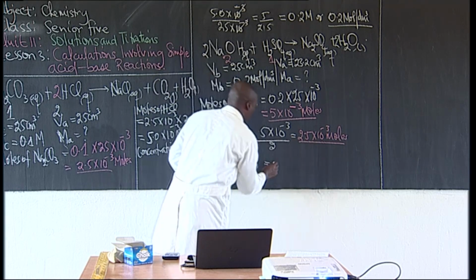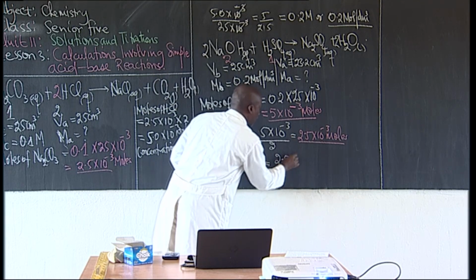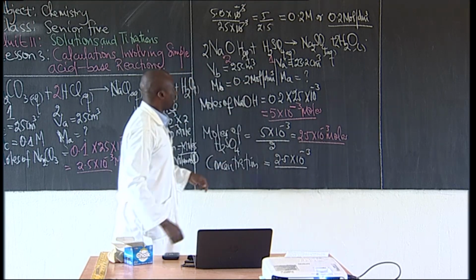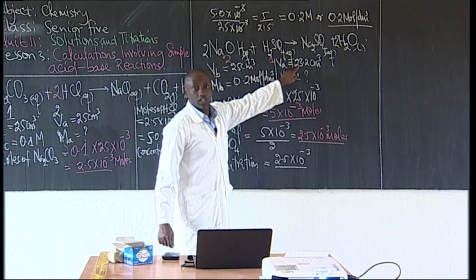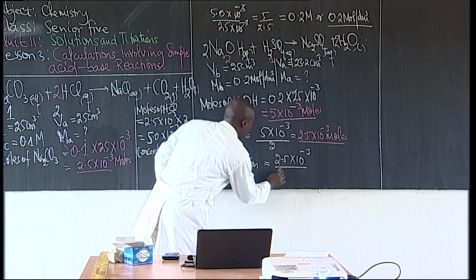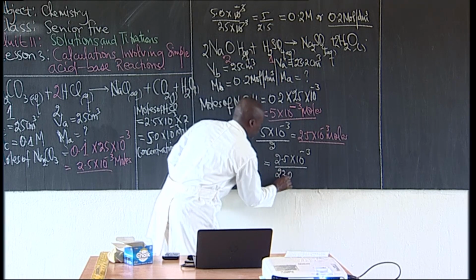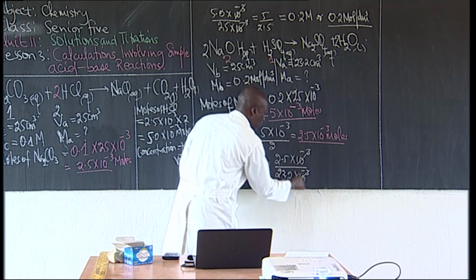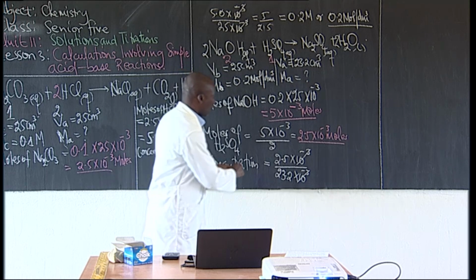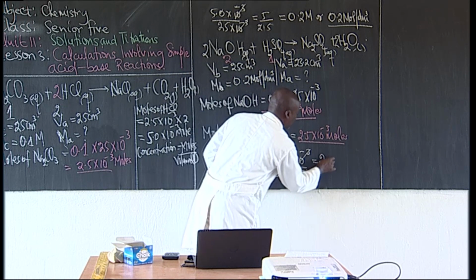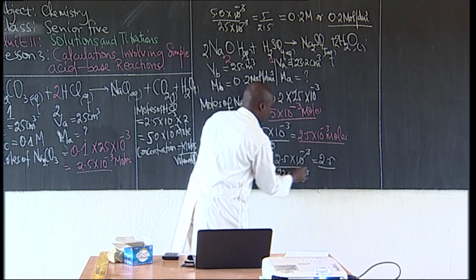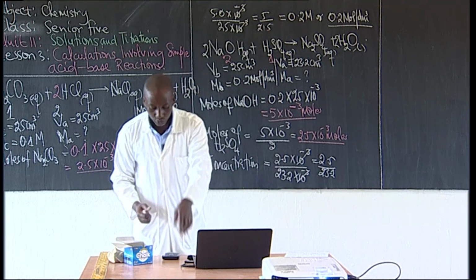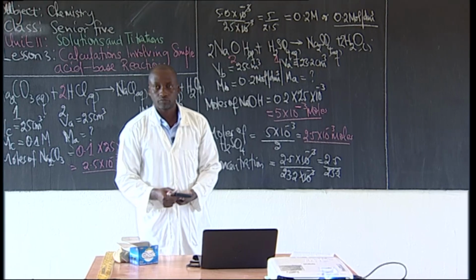So we are getting the moles, which is 2.5 times 10 to power negative 3, divided by the volume of the acid, 23.2 times 10 to power negative 3. These two cancel out. So we have 2.5 divided by 23.2. Our calculator is at work now.